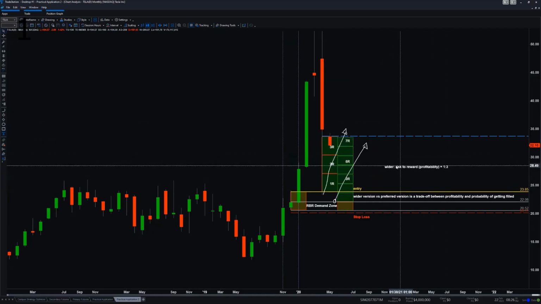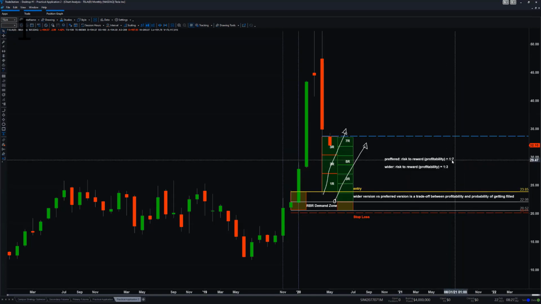Now, on the preferred version, if we're going to put this in writing now, our risk to reward or our profitability is 1 to 7, meaning for every dollar I risk, I could make $7. If I risk $100, I could make $700.